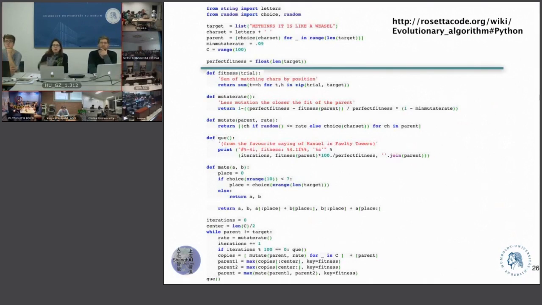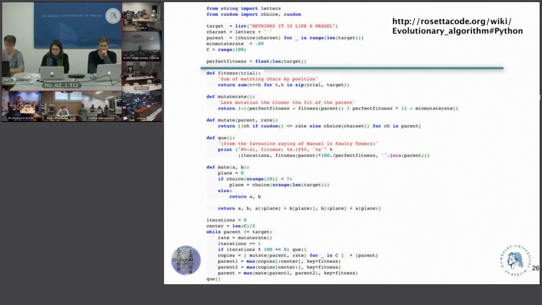It's a very short program, and you can see that it comes up with the correct sentence in a very short amount of time. So that was one example of how easily we can use these artificial evolution methods to reach some results.